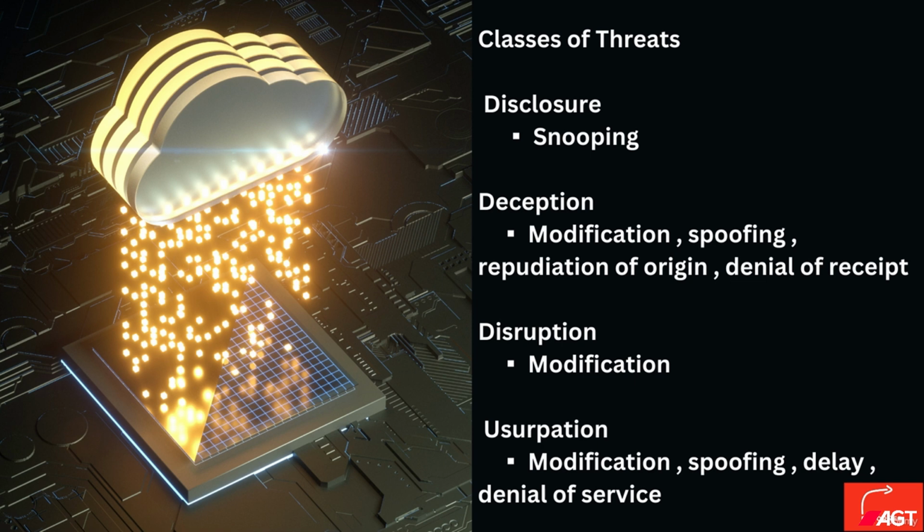Conclusion: cloud security is a crucial component of cloud computing that companies and organizations that keep sensitive data and resources in the cloud must treat seriously. Security risks can be broken down into a number of categories, including disclosure, deception, disruption, and usurpation, each of which poses a different danger to the privacy, integrity, and accessibility of information and resources.